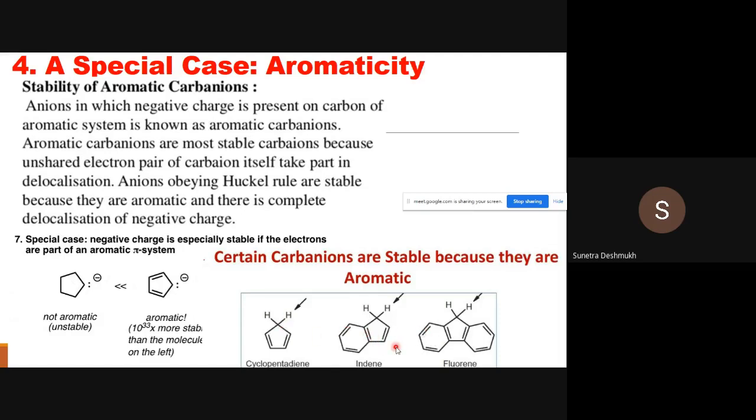Once we generate the negative charge on this carbon atom, then only these molecules become aromatic.